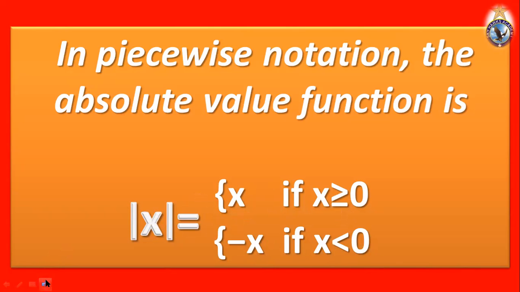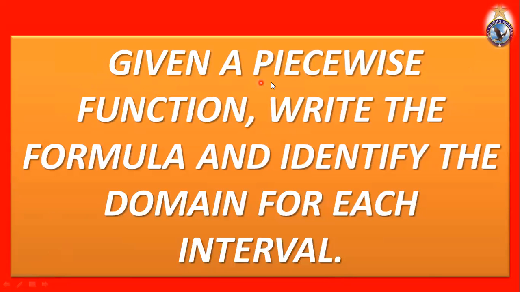Now let's see one more example: given a piecewise function, write the formula and identify the domain for each interval. This is the foremost requirement: if a piecewise function is given, the first and key step is that we will have to write the formula, according to the identification of the domain for each interval.